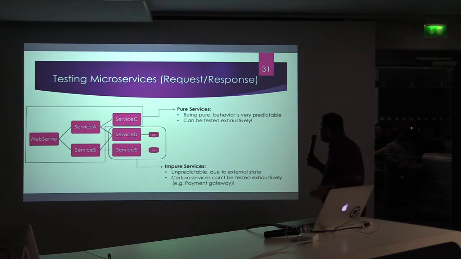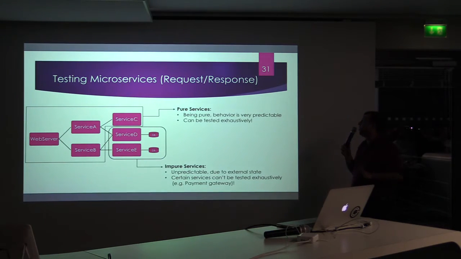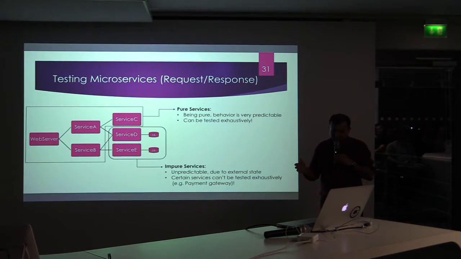Testing. We divide our services into pure services and impure services, right? For pure services, the behavior is very predictable, so it can be tested exhaustively. For example, if you're testing something like ordering, the part that bills your credit card is going to be a separate impure service, and everything else will remain pure. So you can exhaustively test the pure services. For impure ones, you have to be a little careful with your test cases.